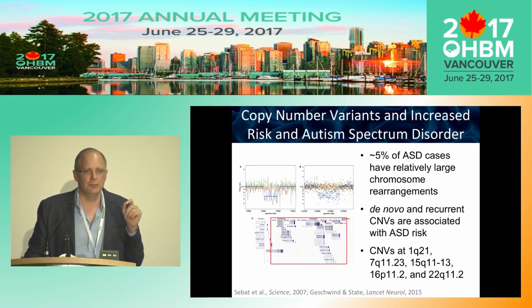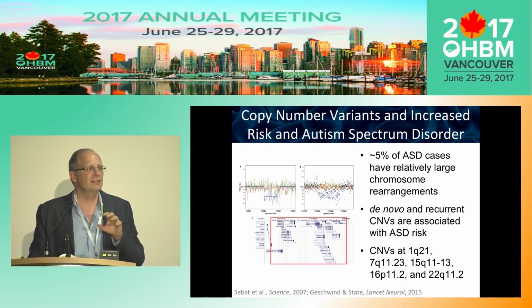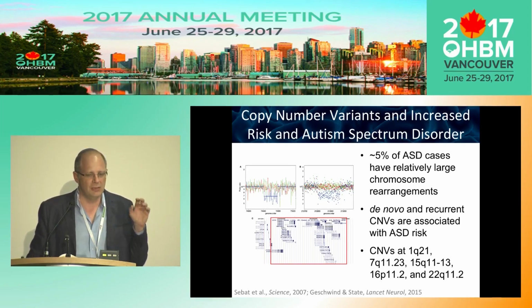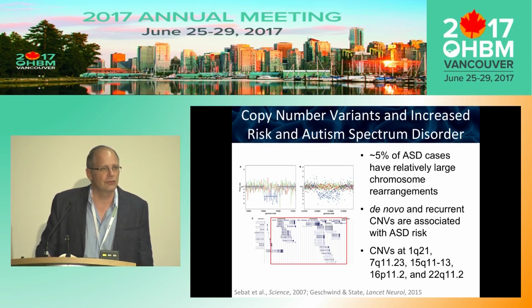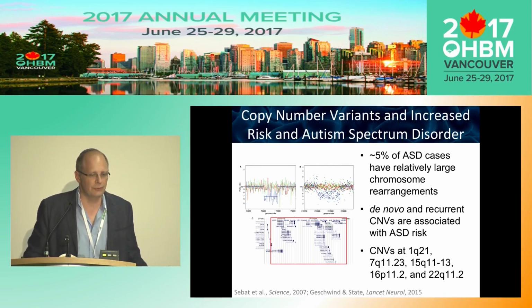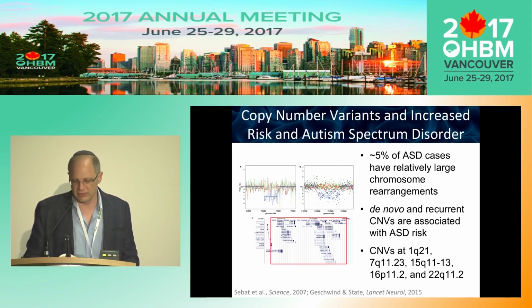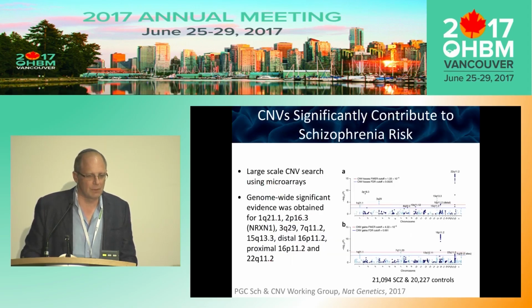They're both de novo, meaning they're CNVs that only exist in the affected individual, not in their parents. And recurrent CNVs are associated with risk for autism. And here's a list of locations where we tend to find those CNVs. I'll point out two of those locations. One of them is the 15q11 location. The other one is the 16p11 location, because those will both come up again.